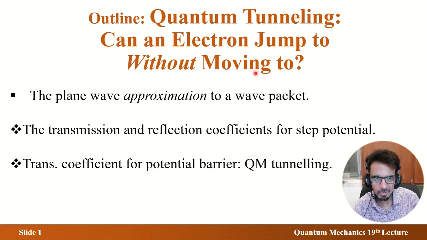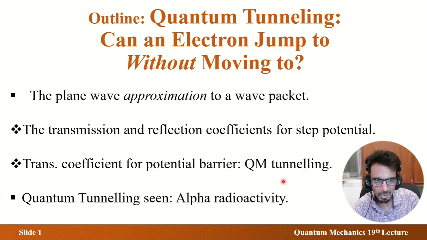Tunneling is what I mentioned in my first sentence today: a particle can appear from one place in another place without traveling between them. In a tunnel you actually travel, but in quantum mechanics when we say tunneling, we mean without traveling. Since that can be a surprising result, it's good to know that it has an experimental verification as well, and that is called alpha radioactivity. So that's the whole plan.